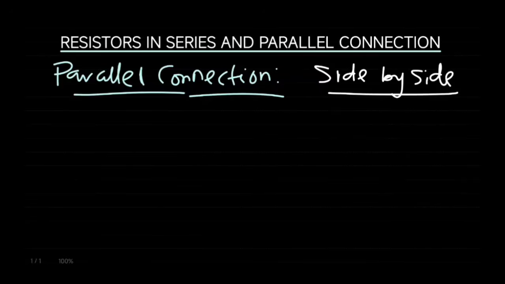The current passing through each resistor is different, while the potential difference, or the voltage, is the same. The voltage across R1 is the same as the voltage across R2, which is the same as the voltage across R3. So that's what you need to know in series connection and parallel connection. Those two differences are very important in the calculation of resistors in series and parallel connection.